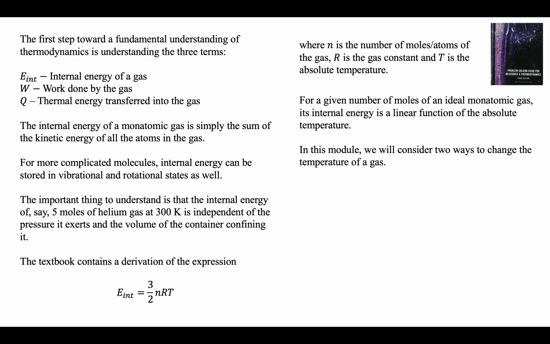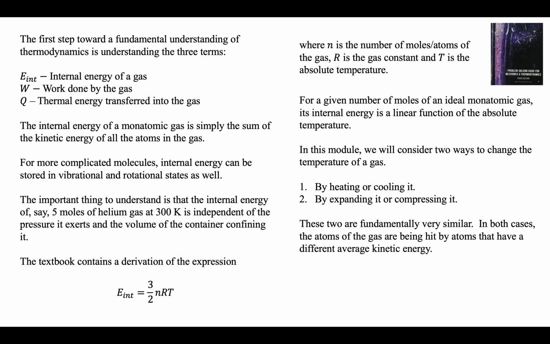So here we're going to consider 2 ways to change the temperature. One is by heating or cooling it. That's pretty obvious. We can put it in an ice bath to cool it. We can have a Bunsen burner to heat it, or whatever. We can also expand it or compress it. These two are fundamentally very similar at the atomic level.